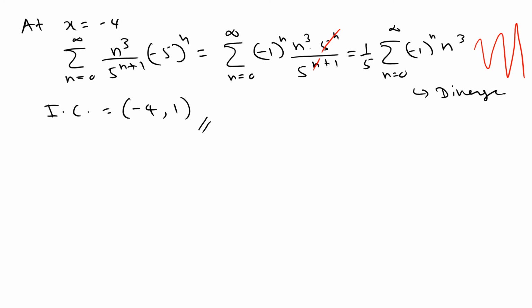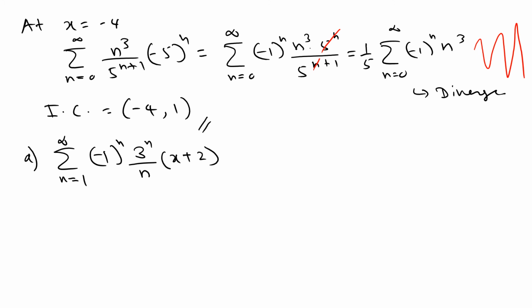So let's just do one final problem, where again we can use the same test. So let's do this last problem of this type: the sum from n equals 1 to infinity of (-1)^n, 3n over n, times (x plus 2) to the n.